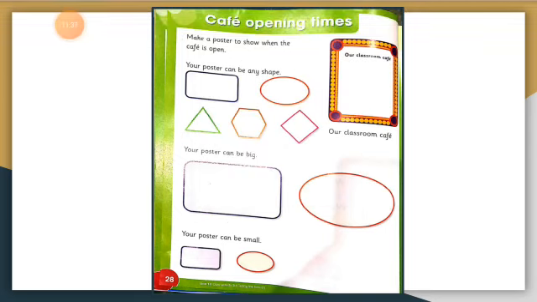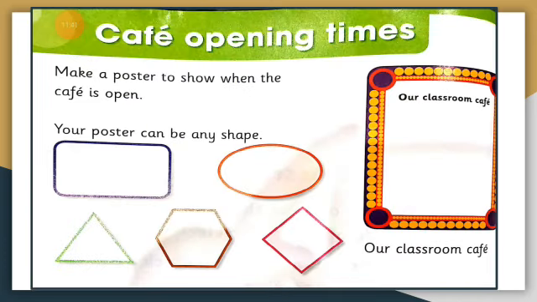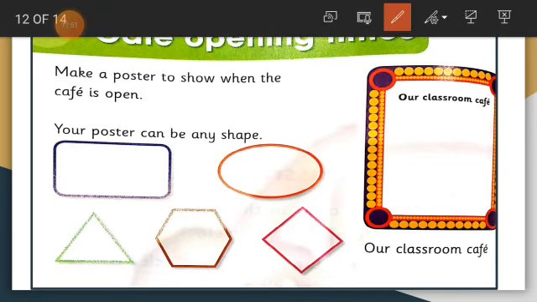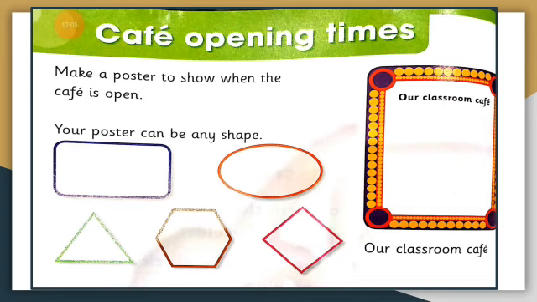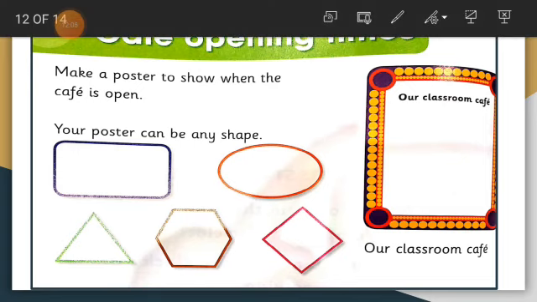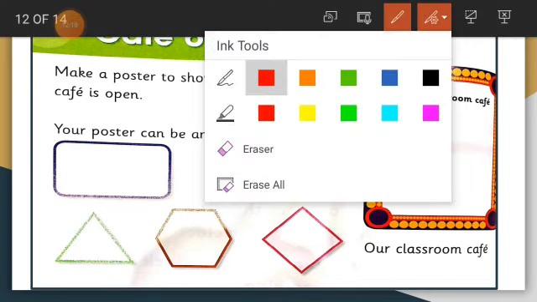Okay, now let's move to the next one. Yes, look here. Make a poster to show when the cafe is open. Here we will write down only the time when we are going to open the cafe. Like if we are open, look here, I'm going to choose the pen.